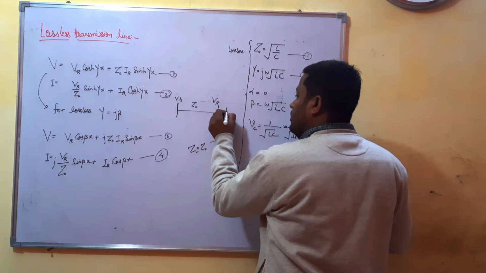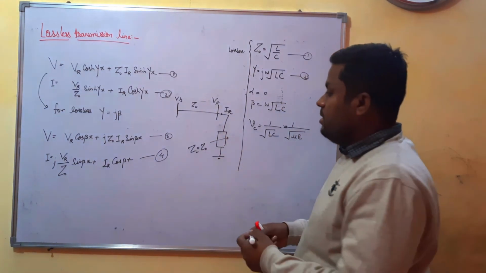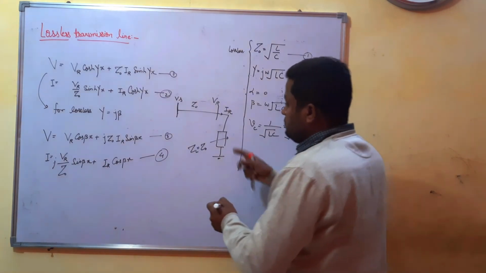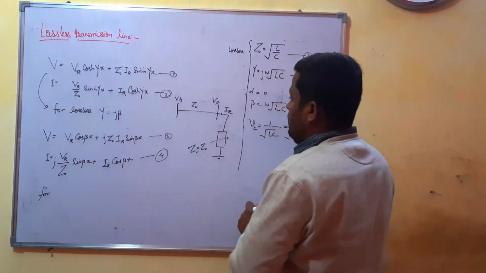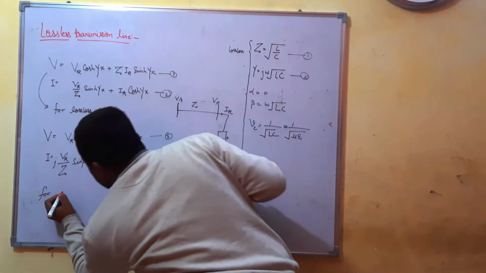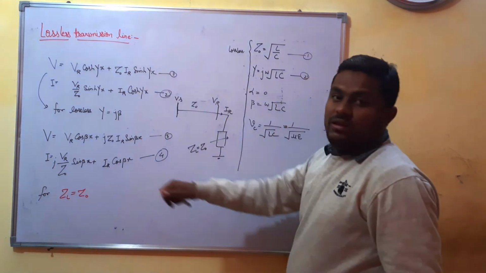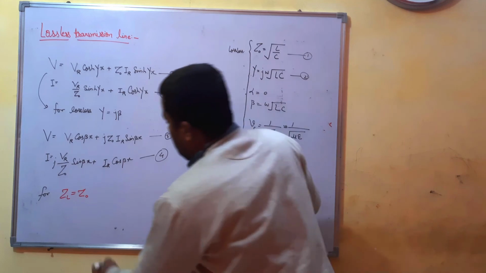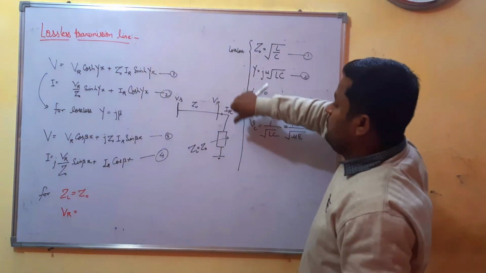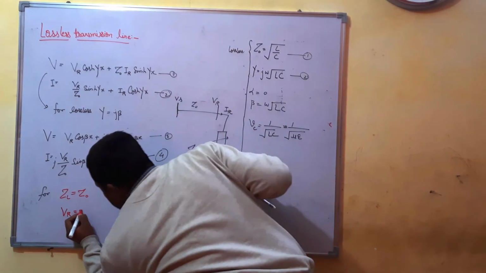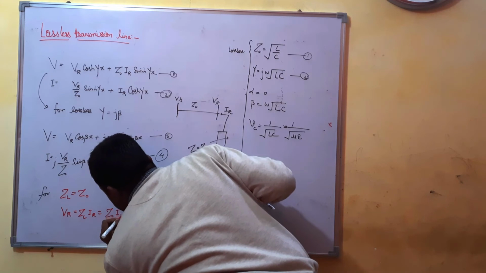So the current flowing through this load is IR. For ZL equal to Z0, load impedance equal to the characteristic impedance of the line, VR, the receiving end voltage, is equal to ZL IR, which is equal to Z0 IR.